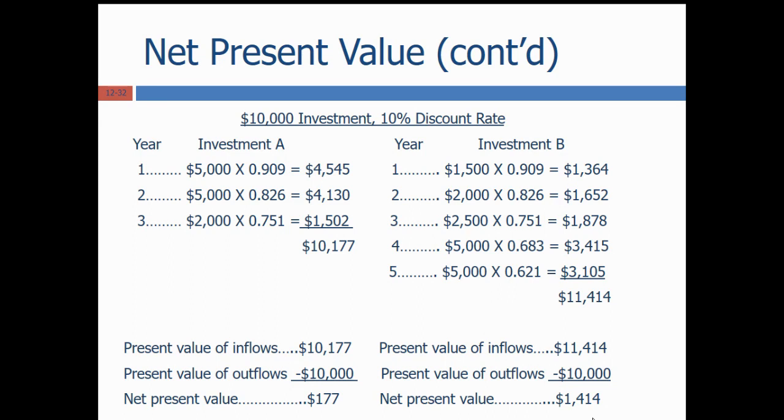Once you have already calculated NPV for both A and B, then you can decide which one to accept. Of course, you choose the one with the higher NPV. Therefore, project B based on NPV.